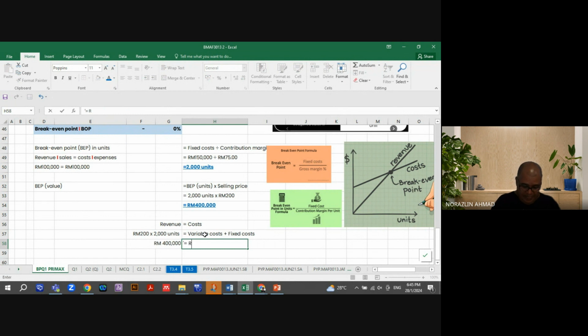Variable cost here is RM 125, so we times by 2,000 units, and then you plus with the fixed cost RM 150,000. Check your calculator. 125 times 2,000 is RM 250,000. You plus with RM 150,000.